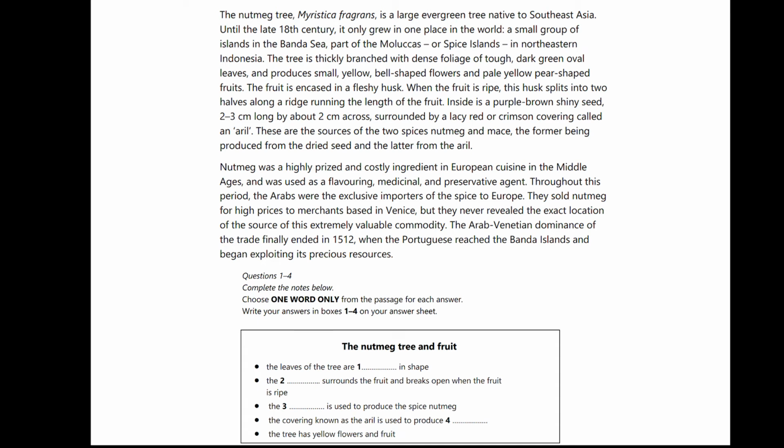Let's focus on question 1. It talks about the leaves of the tree. So let's find the leaves of the tree in the passage. The first sentence is talking about the size of the tree. So this is no good. The next two lines talk about the history of the tree because we have 18th century over here and a lot of places here.